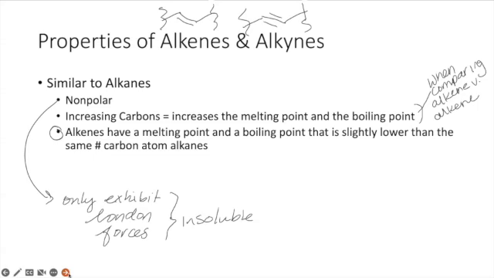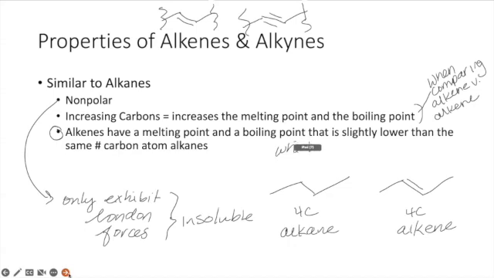So it's a lot of words. Basically, if I have a 4-carbon structure here, all single bonds, this is an alkane, and I have a 4-carbon structure here, but it's an alkene, it has a double bond, which has the higher BP?